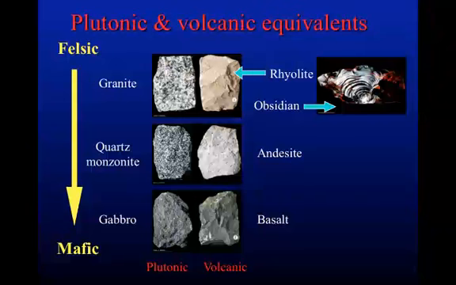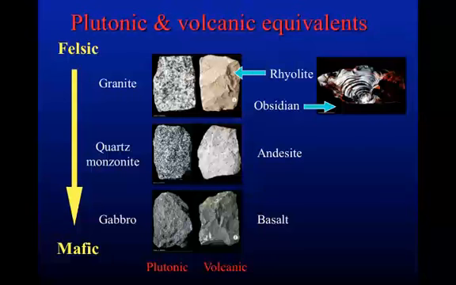Now, there are two terms that you need to learn at this point, and those are felsic and mafic. And felsic and mafic are generic terms to describe the chemistry of an igneous rock.